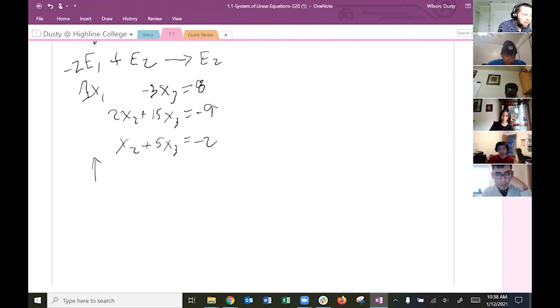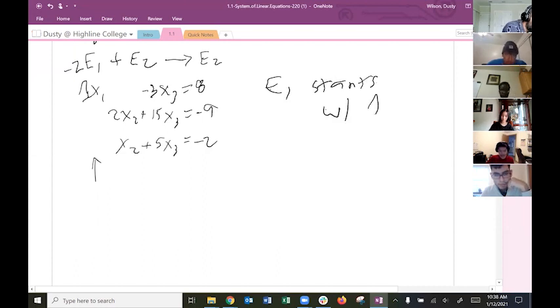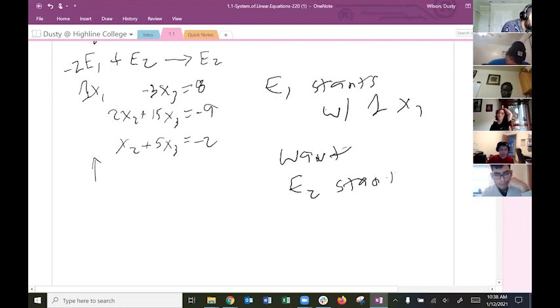Now we're going to try to get a 1 x2 in the second equation. So we have that E1 starts with 1 x1, and now we want E2 to start with 1 x2.